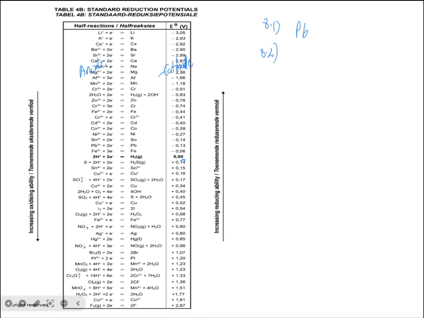This is the point where we should take the zinc, but we write it from right to left because that's oxidation. So we're going to indicate this is Zn yielding Zn2+ plus 2e-. And that is our answer right there.